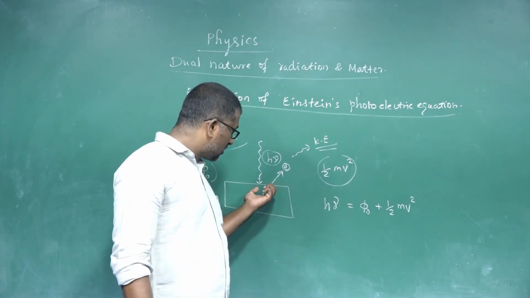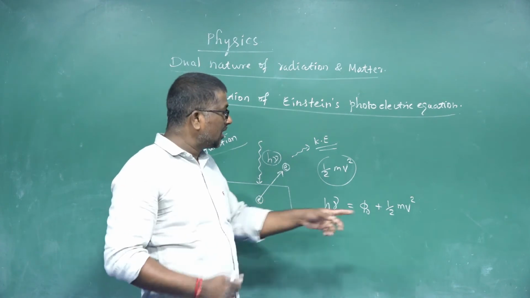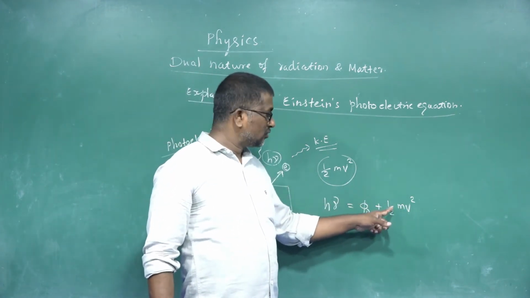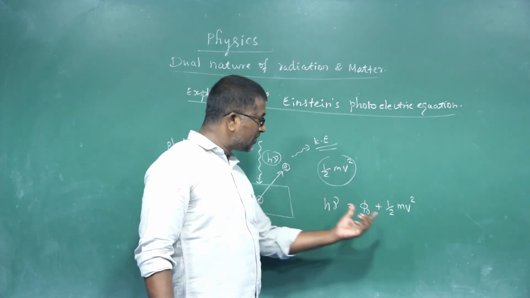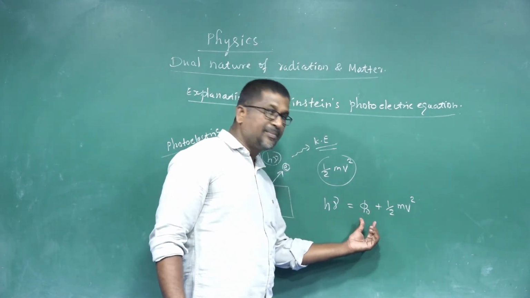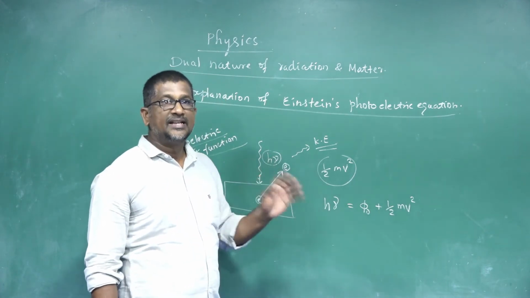While the electron comes out from the metal surface, it possesses some velocity. So the sum of the kinetic energy of the emitted electron and the photoelectric work function of the metal gives the total energy of the incident photon.